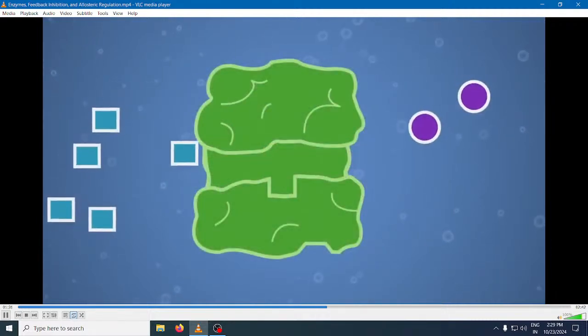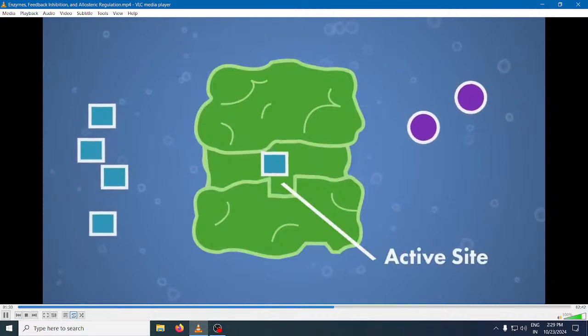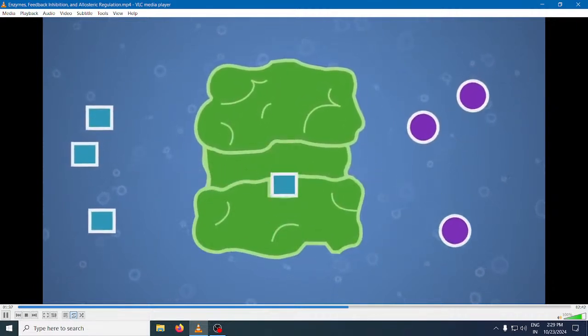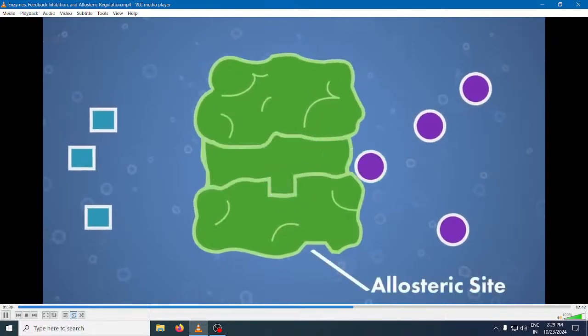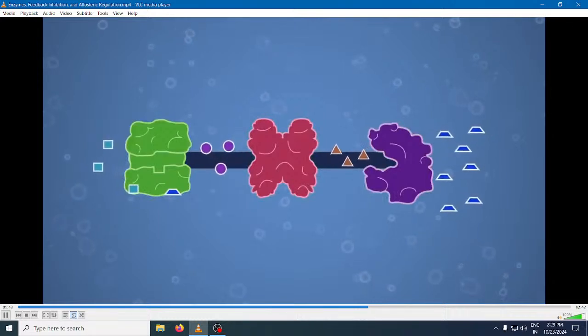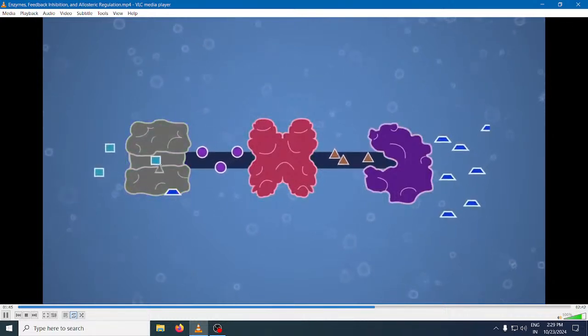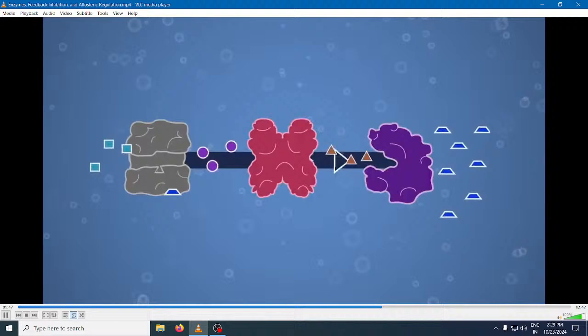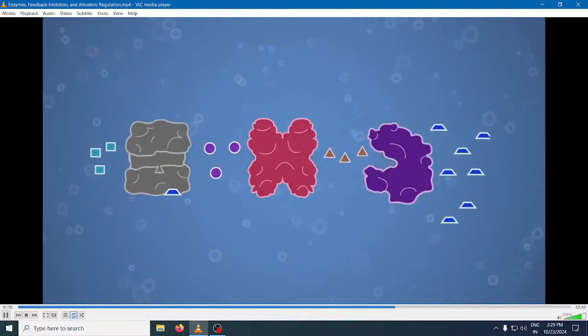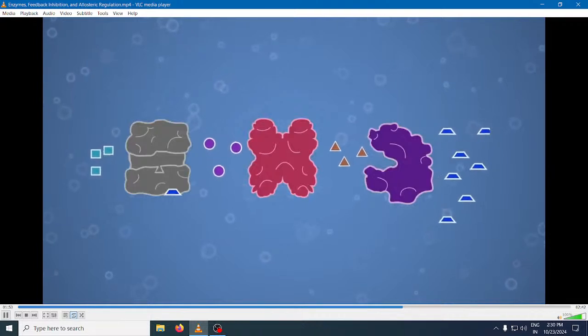Enzymes have a unique area called the active site where substrates can bind. Enzymes that can be regulated have an additional area called the allosteric site. Downstream products can bind to this regulatory site, causing the enzyme to change shape and prevent it from binding substrates. This causes the entire pathway to halt, and new products are no longer formed.